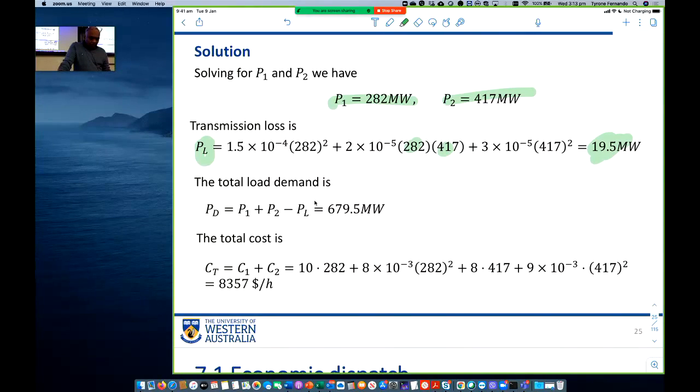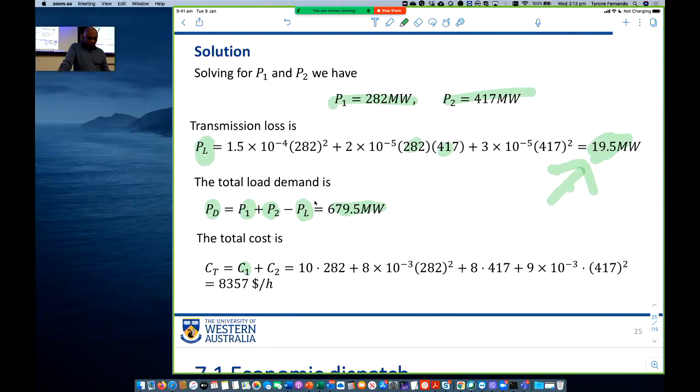So the power demand, which is the load, is what the generators produce minus the loss. So that's the load. And of course, to supply the load, there is an associated transmission loss, which is that amount there. So what is the cost?